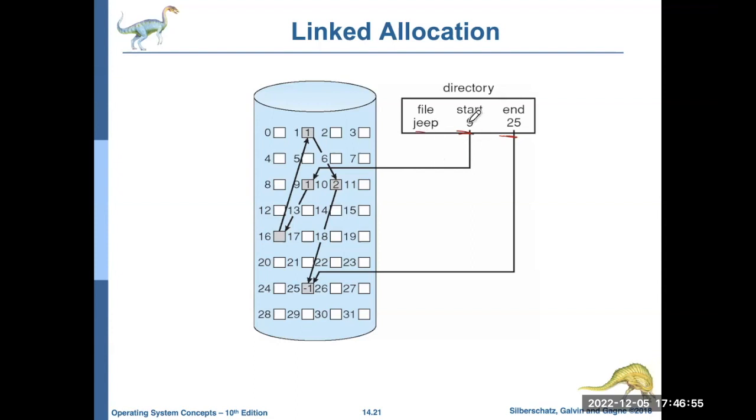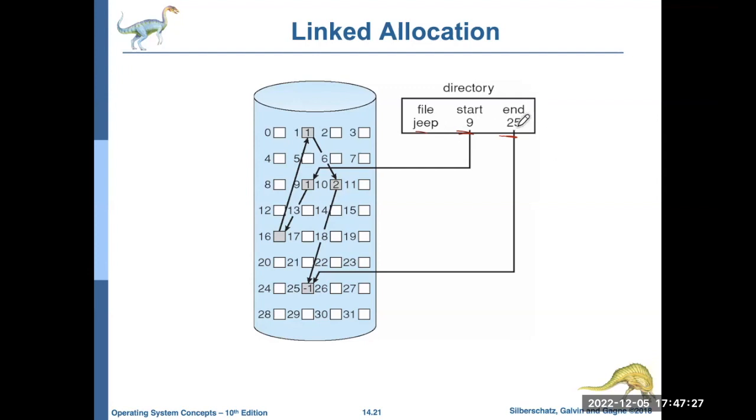We start with 9, so the first block is 9. The last byte of block 9 is pointing to 16. 16 points to 1, 1 points to 2, and 2 points to 25, which contains a nil pointer. And that is where the file actually ends.